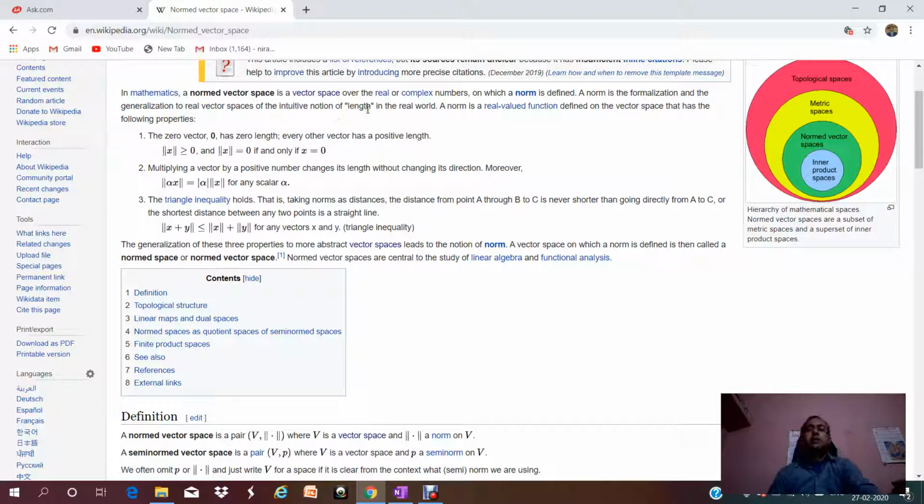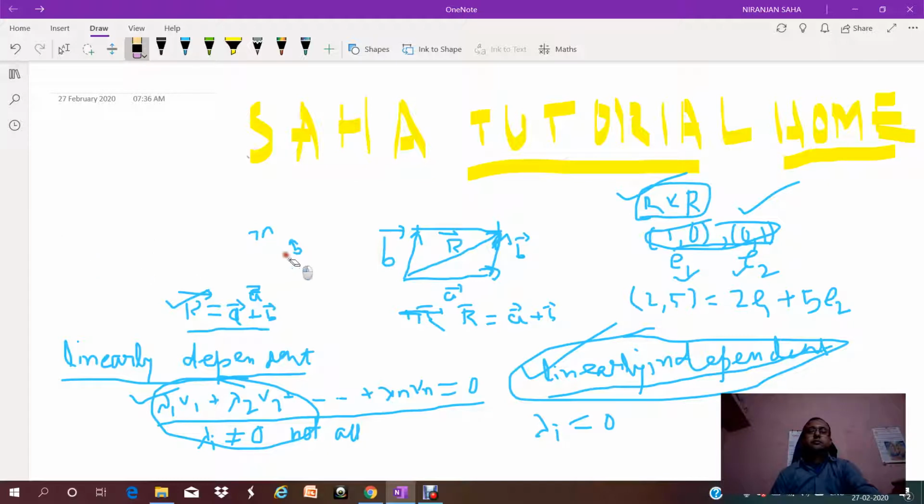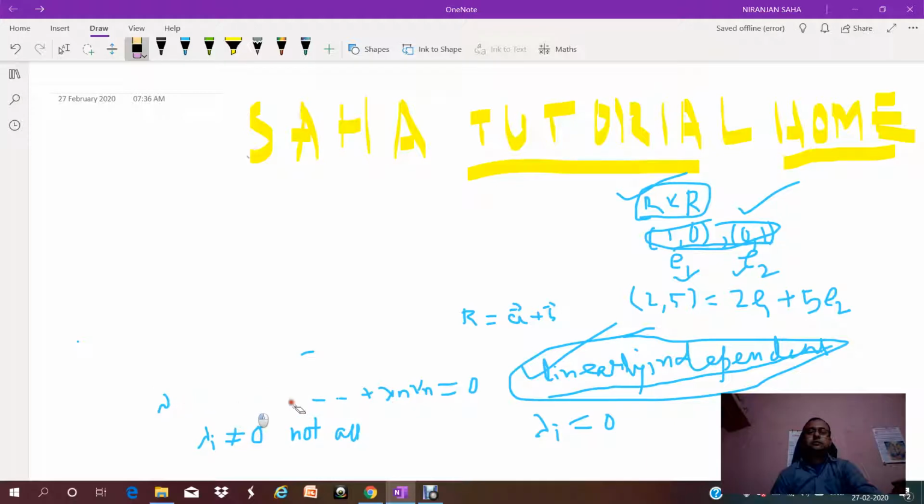Here, a norm is also defined on the vector space, and some properties must be fulfilled. Norm, you know what a norm is, but I am giving it in another format. Norm is very important.